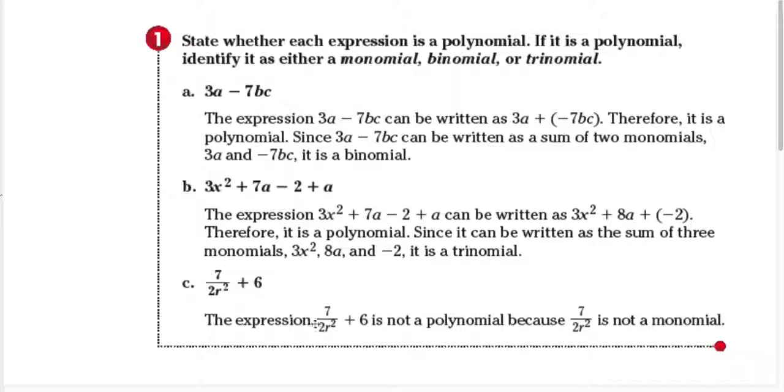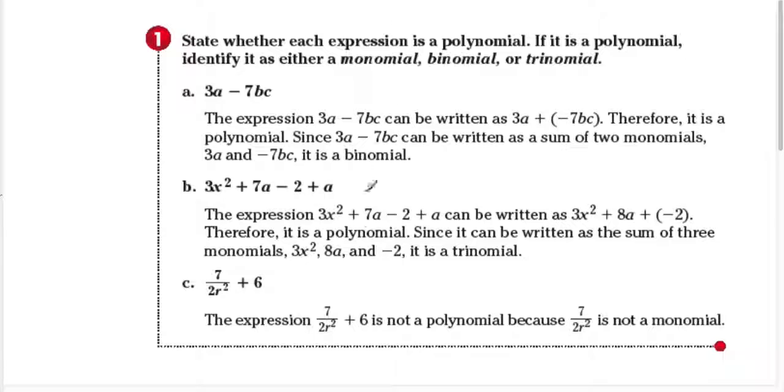So the expression 7 over 2r squared plus 6 is not a polynomial, because 7 over 2r squared is not a monomial. One of the conditions for it to be a monomial is that the exponent of the variable should be positive.